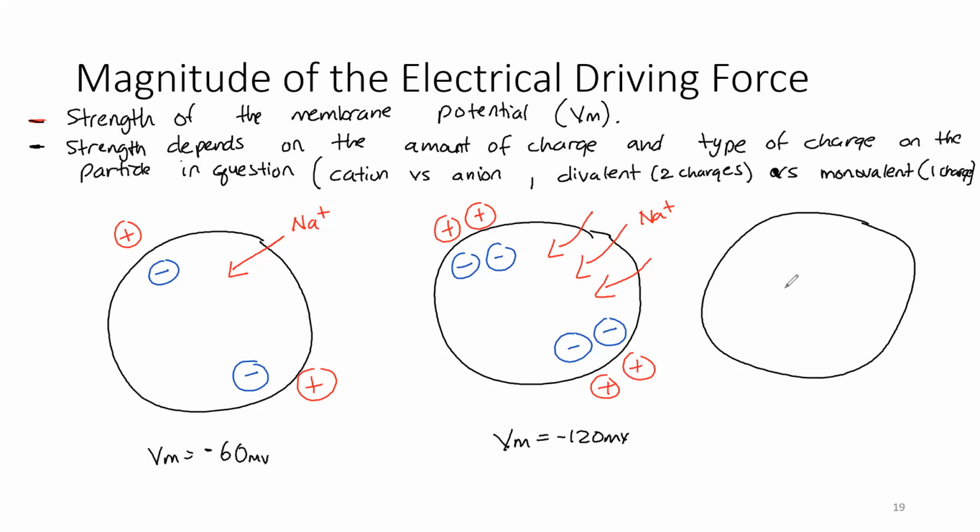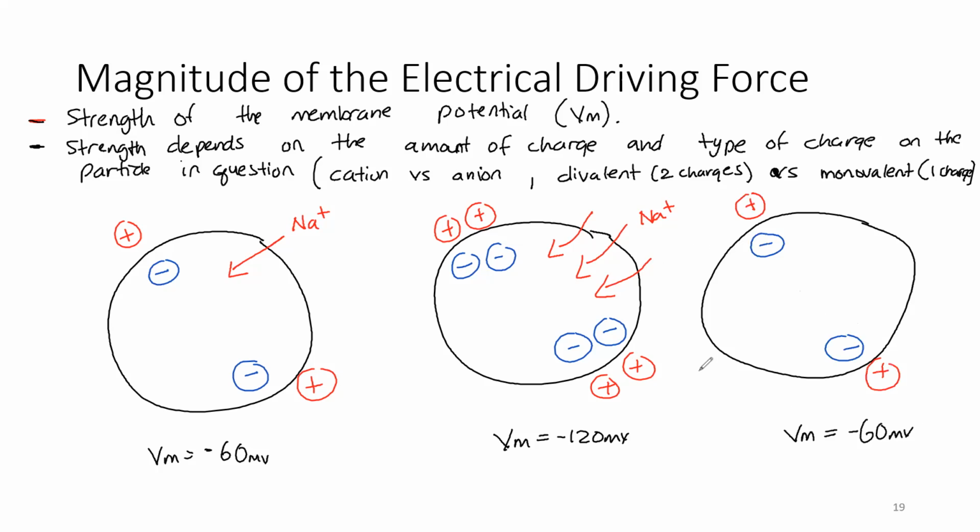Let's look at an example of a divalent cation movement. Once again, we have a membrane potential of negative 60, very similar to the first scenario. Our membrane potential, negative 60 millivolts, simply means that we've got that standard separation of charge: negative charge inside and positive charge outside.